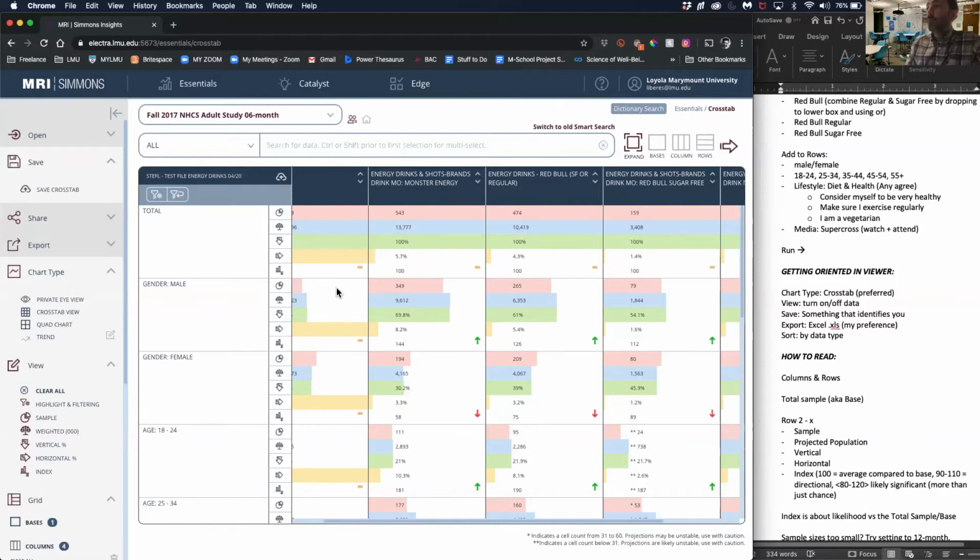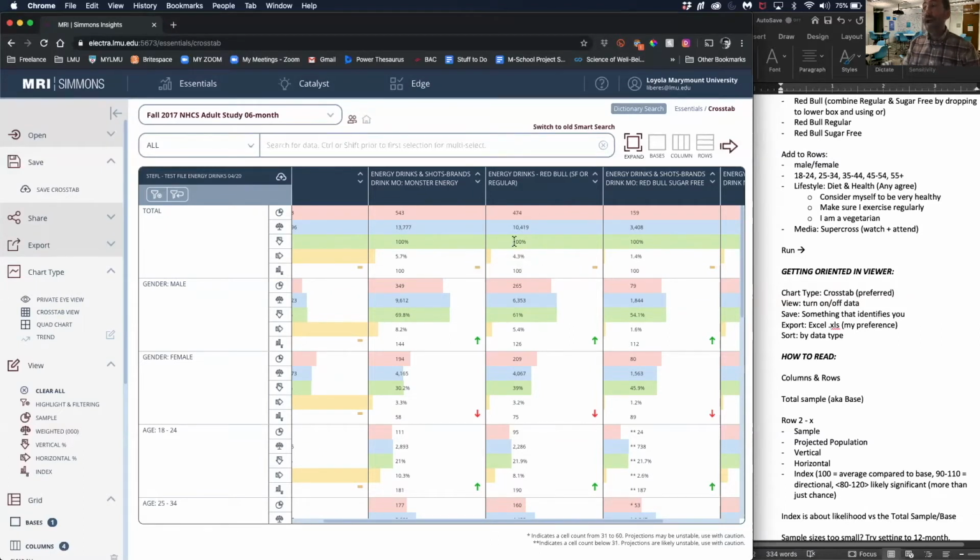Of the total, 5.7% of all American adults, because that's the study base here, drink Monster Energy. That's a pretty good proxy for market penetration. Monster Energy has about a 6% penetration in the market among energy drinks.